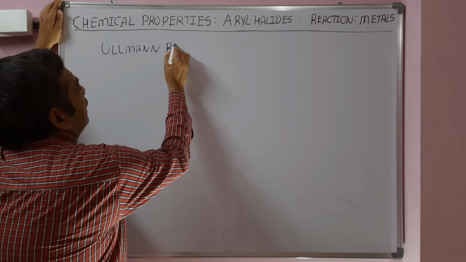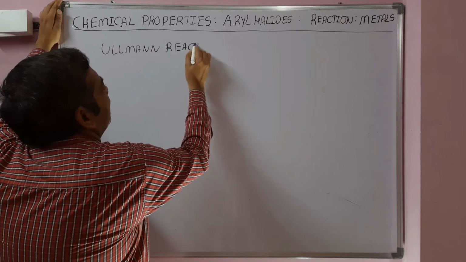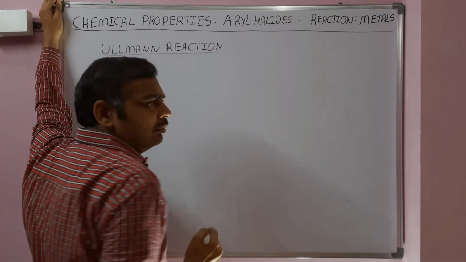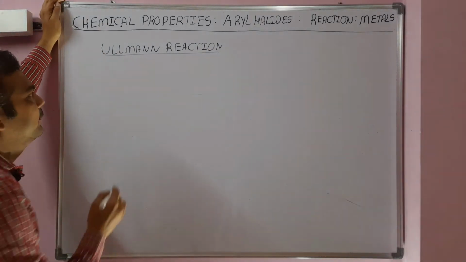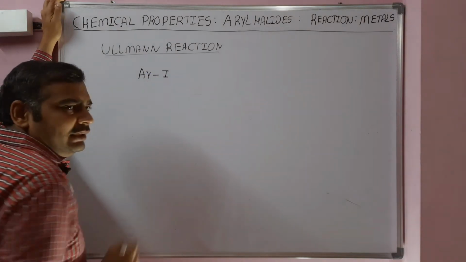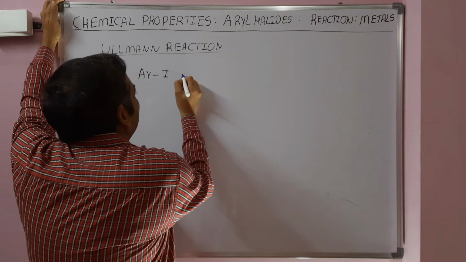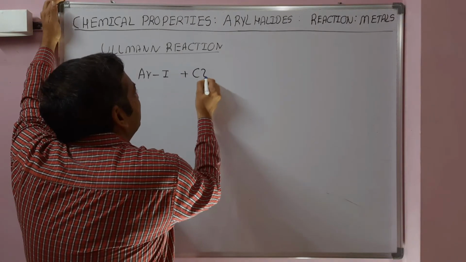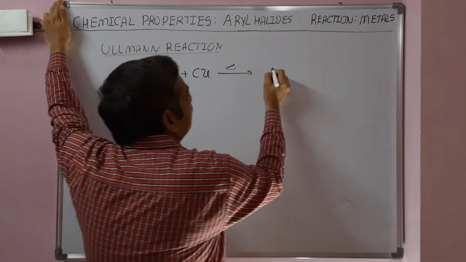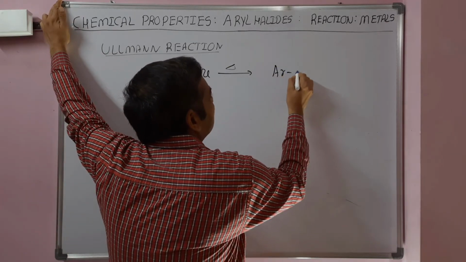In Ullmann reaction, copper induced coupling of aryl halides, especially aryl iodides, under heating conditions gives biaryls.